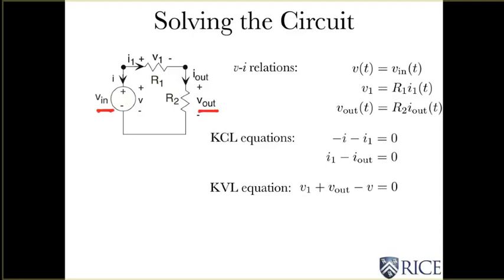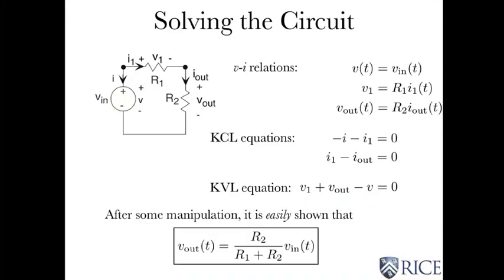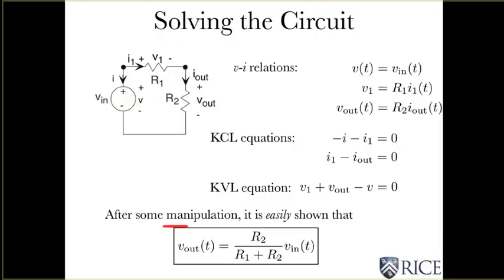So we want to eliminate everything. We will eliminate all the currents. We want to eliminate V1, and we want just a relationship between V out and V in. And with a little bit of going through this and thinking about it, it's actually pretty easy to do, and I won't go through all of that agony.